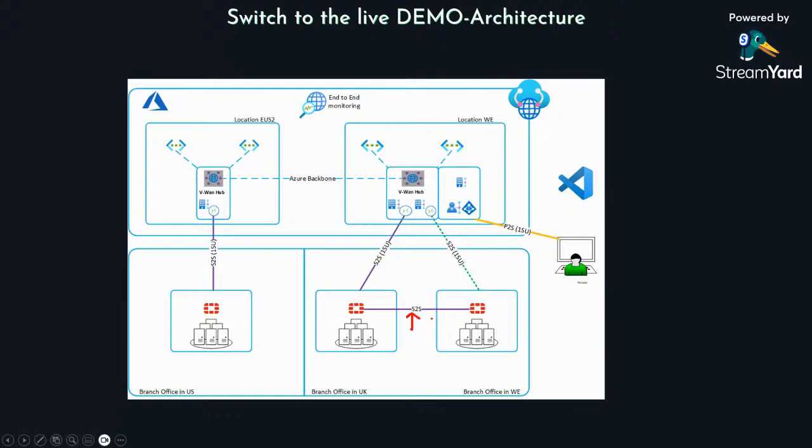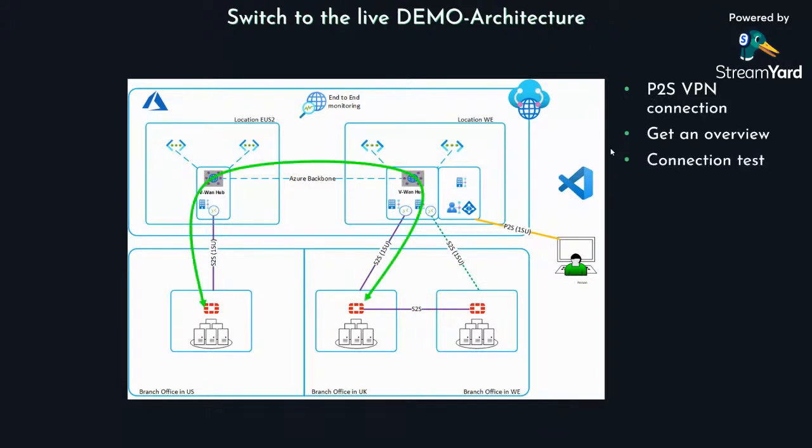And I want to demonstrate also a failover. I also have my point-to-site VPN located in West Europe in my vWAN hub in West Europe. What I want to demonstrate is, first of all, the point-to-site VPN connection, the user experience. The second is an overview of the single, centralized vWAN service.